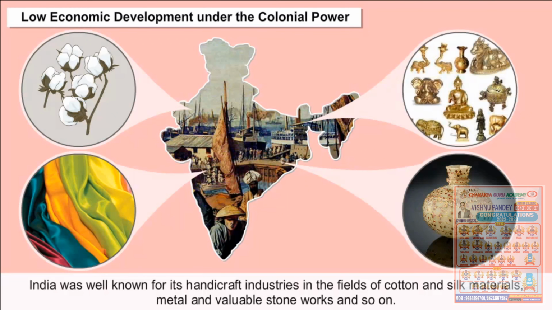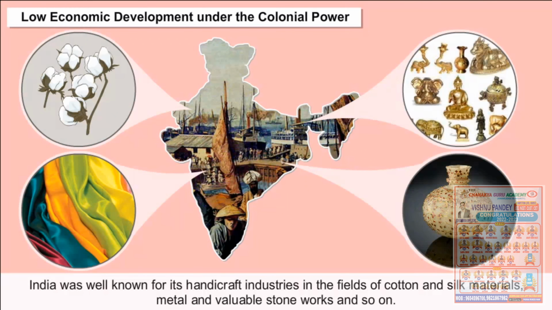Britishers commanded almost 200 years over India. They framed economic policies and strategies that secured and promoted the monetary interests of their country rather than the improvement of the Indian economy.